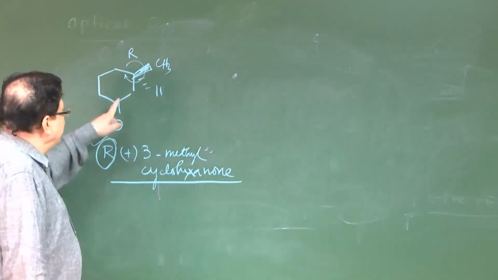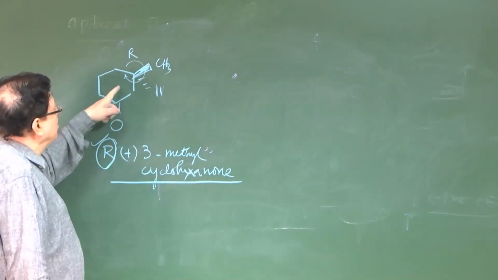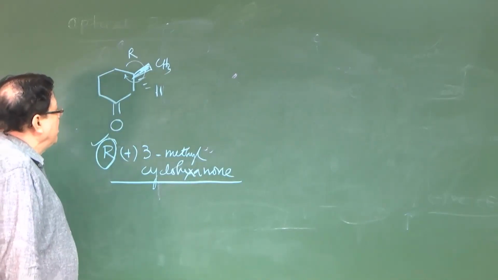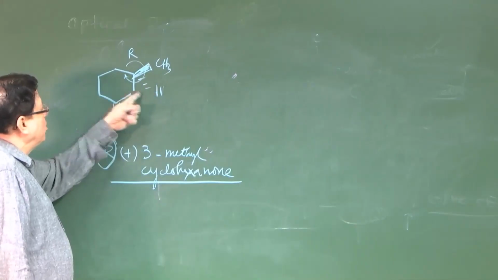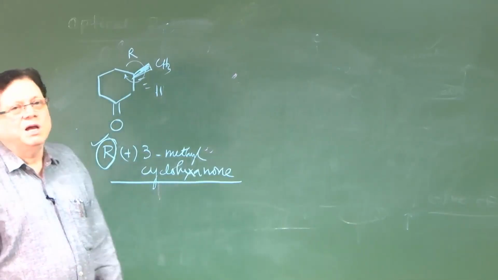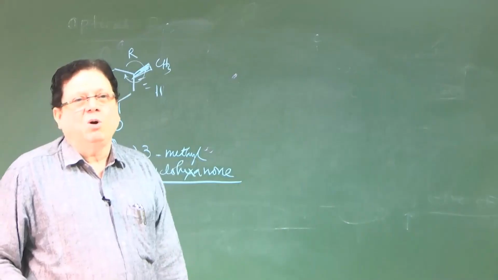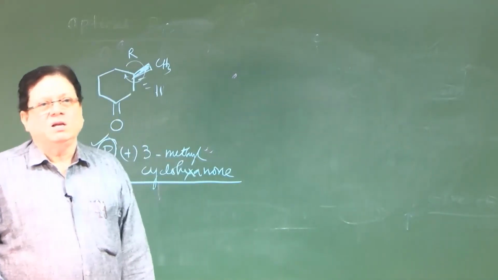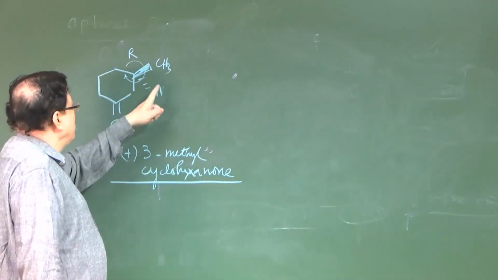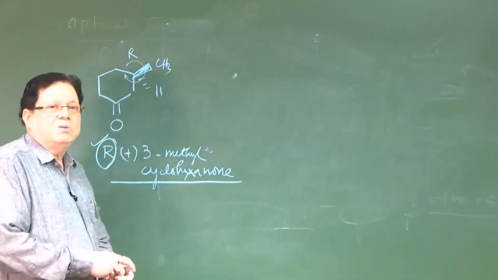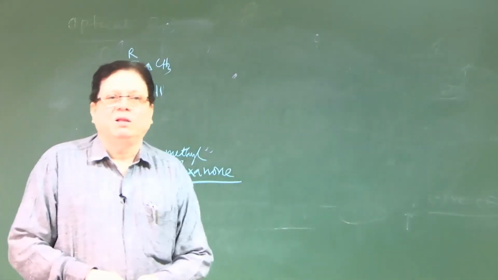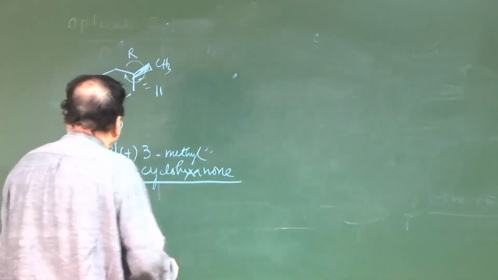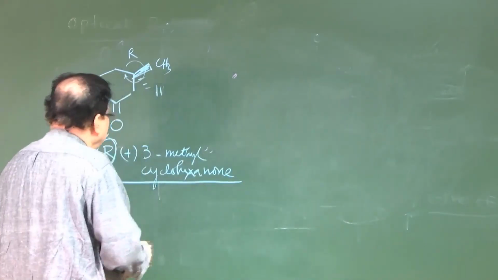Now, you can always say that if you draw the cyclohexane system in the chair form, the methyl is likely to occupy the equatorial orientation, because it is bulkier compared to hydrogen. But what is the experimental proof for that? Let us see whether the sign of the Cotton effect can prove that.